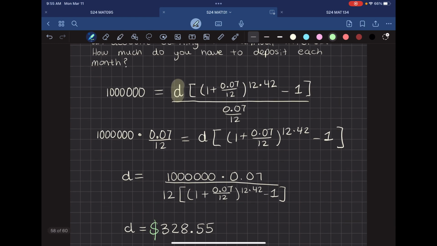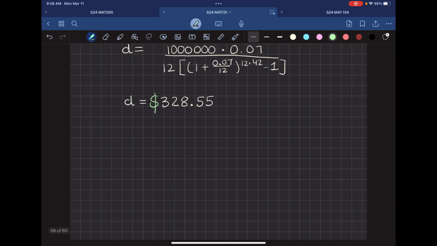So we can also look at how much we are actually depositing, because that's a long time to be making slightly over $300 per month deposits, and how much interest we're actually earning. And I think this one is actually kind of cool. So I'm going to put fun fact.